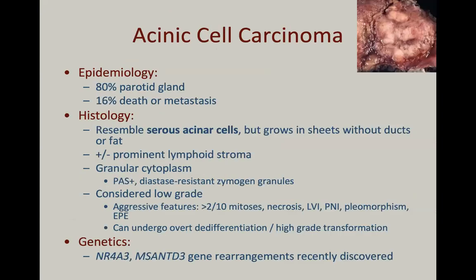Moving on to acinic cell, these tumors basically resemble just sheets of those purple serous acinar cells, and are generally low grade, but as with any other tumor, can undergo high grade transformation. There have been recent discoveries of some gene rearrangements.